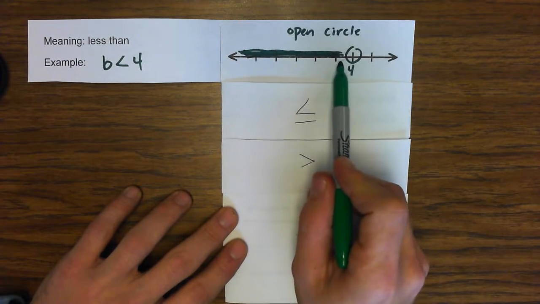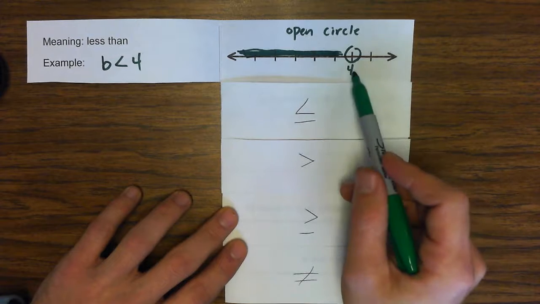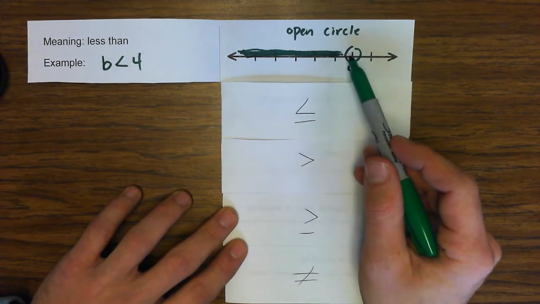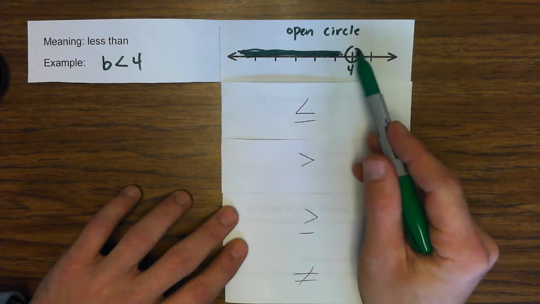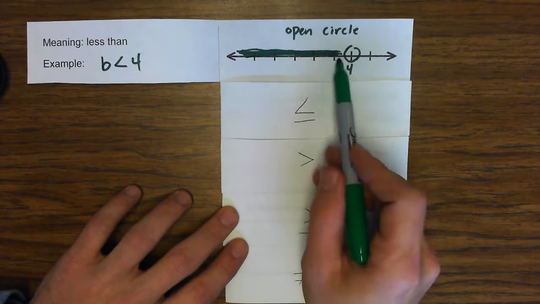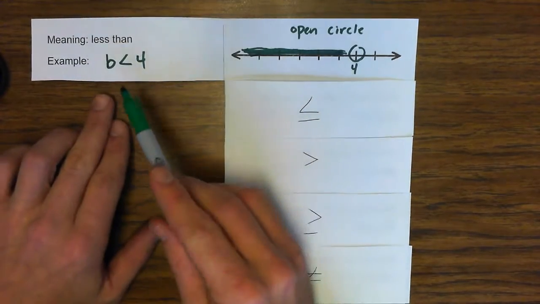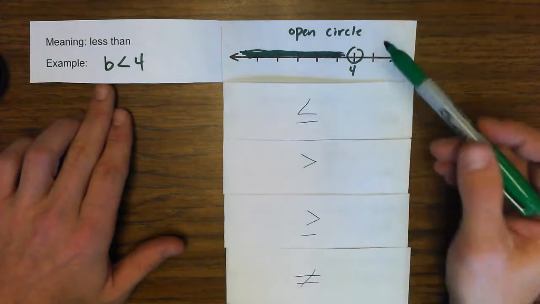So the answer to your problem is somewhere to the left of 4. The reason why it's an open circle, not a closed circle, is because your answer does not include 4. So we're leaving 4 out of this. We're not coloring it in. And then we color everything to the left of that open circle. So that's the first one. B is less than 4. That's the less than symbol and what it looks like on the graph.